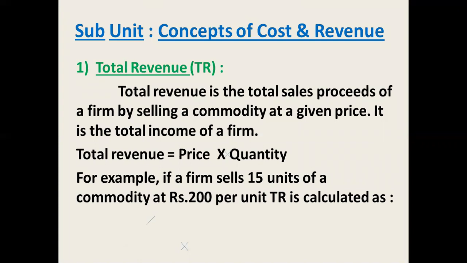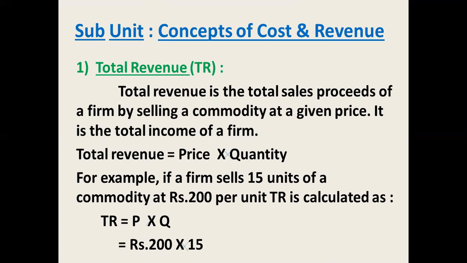It means at a particular price the sellers sell all these commodities. That is called the total revenue. They collect the income, or receive some income. It is the total income of a firm.